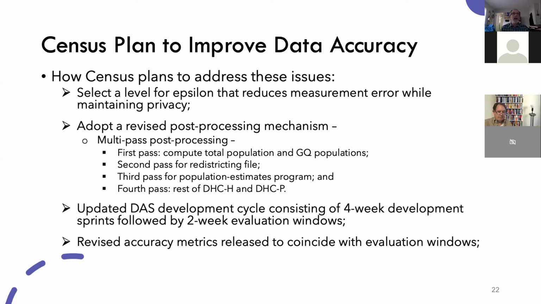The third pass would construct the population estimates used in the population estimates program, subject to the first pass and second pass restrictions. And the final pass would be the rest of the demographics in the housing and the persons files, subject to the restrictions in the first, second, and third passes.